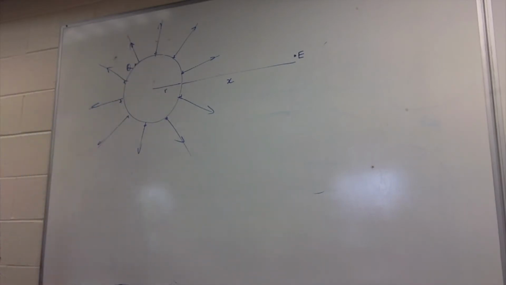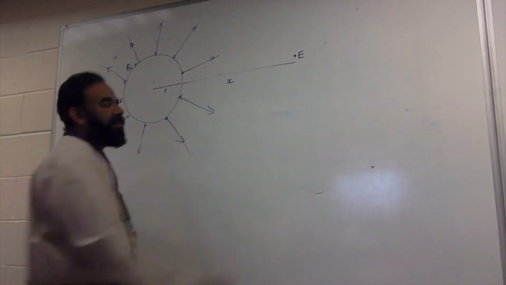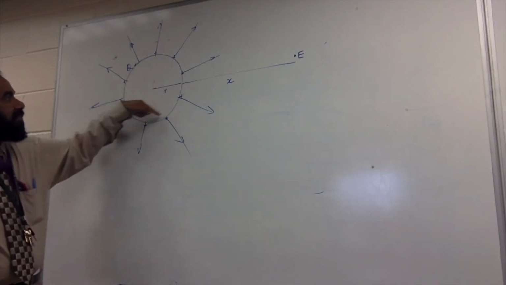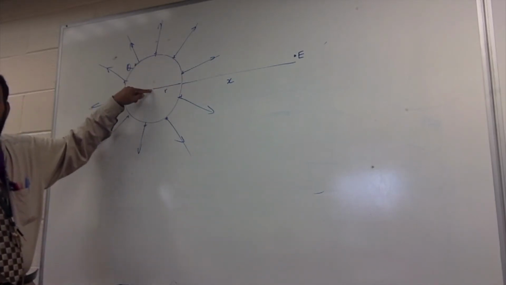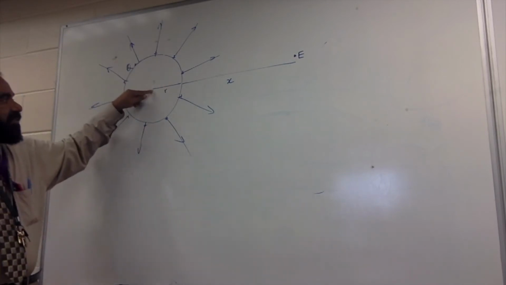That's how electric lines are going to be. But how to find the electric field at this spot? For this, you just need to imagine a little bit more. Imagine all of this was concentrated in the middle. There's no sphere, but it is just concentrated right here.